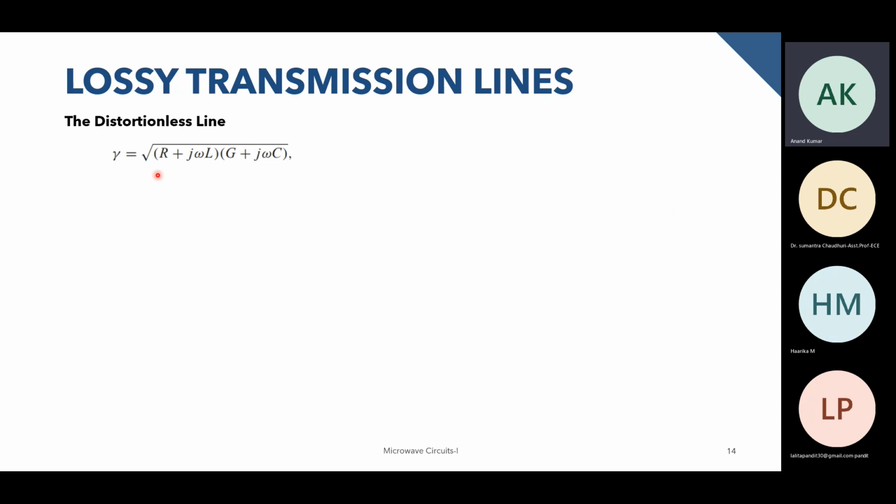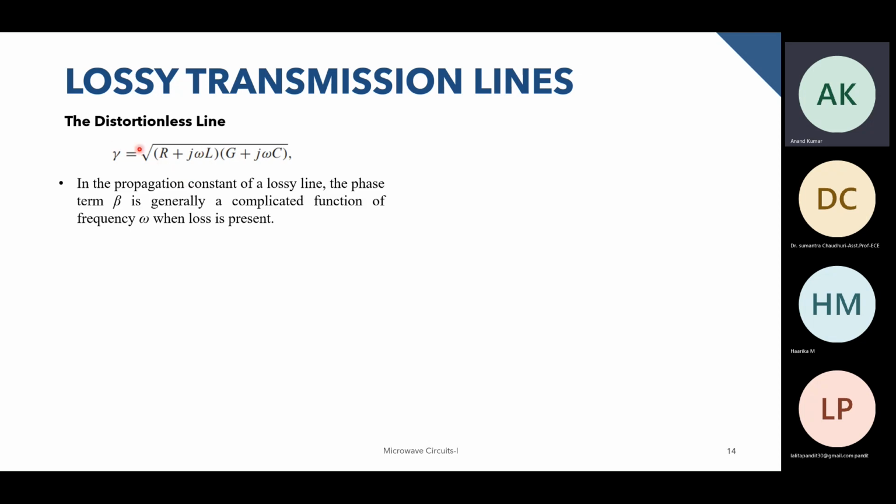Now, another important thing that comes very often is what is called a distortionless line. So we'll look into this. In this expression over here, this is the propagation constant for a lossy line, and the phase term is generally a complicated function of frequency omega when the loss is present.